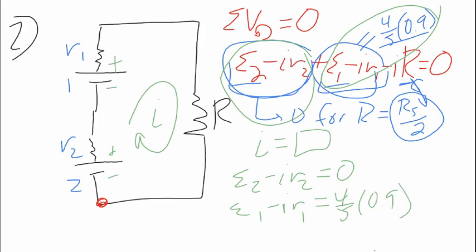So in both these equations, you plug in the current that you find from doing the substitutions we discussed a second ago, and that will allow you to solve for the internal resistances.